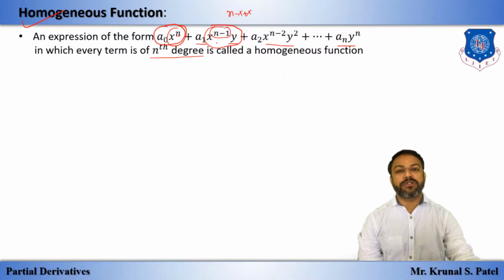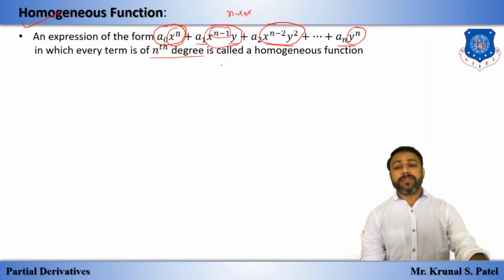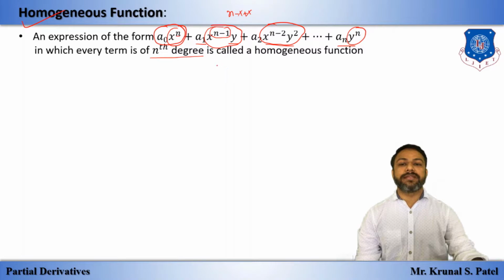So this term is also of degree n. Same with this term, it is also of degree n, because minus 2 plus 2 cancel out, and this term is also of degree n. So an expression in which every term is of degree n is called a homogeneous function of degree n, whatever the total degree.